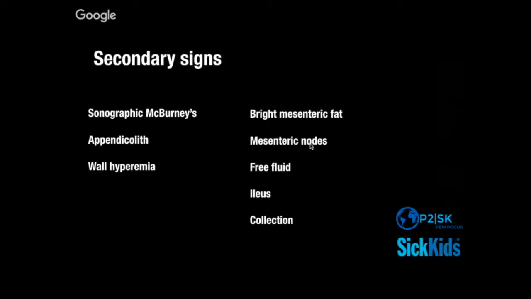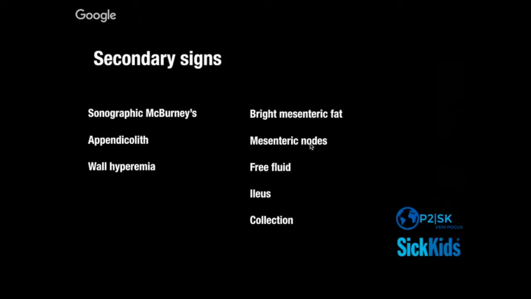And then surrounding secondary signs, you've got your hot fat or bright mesenteric fat. Mesenteric nodes, anywhere that you've got an infectious inflammatory process in the body, you often will get some nodal reactivity, which is really tricky, right? Because we like to say, oh, I saw mesenteric nodes, it's mesenteric adenitis, and you always have to stop and say that can be a secondary sign of appendicitis.